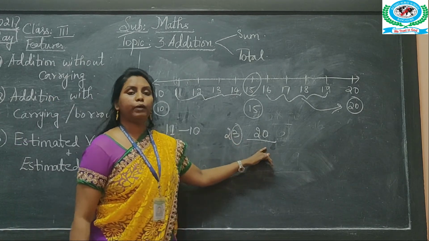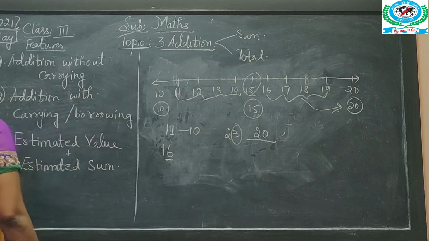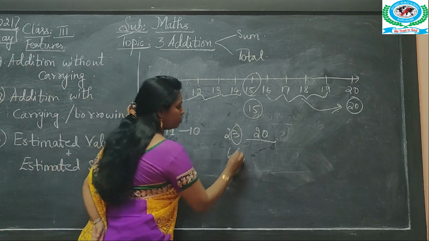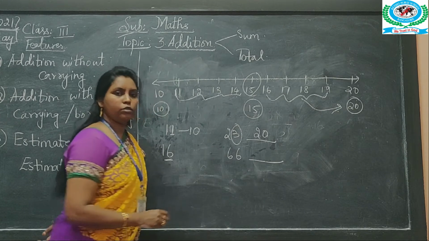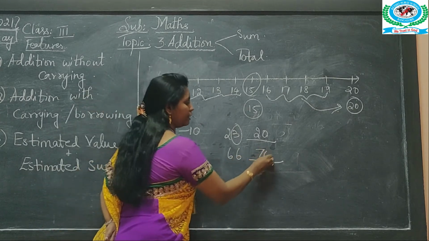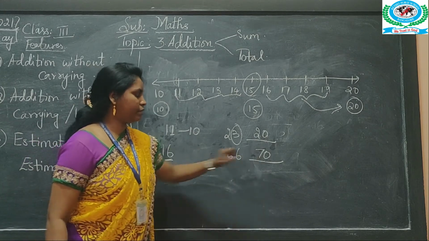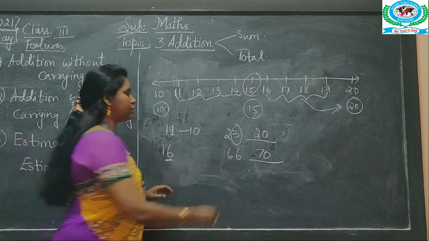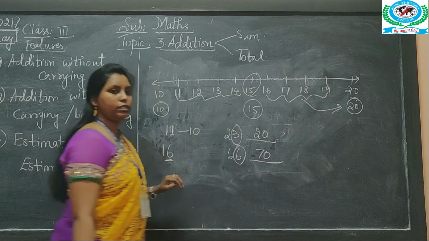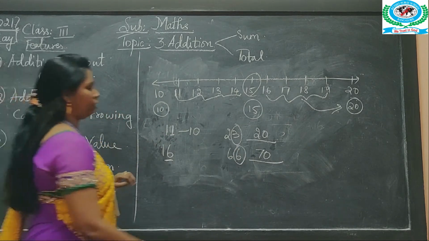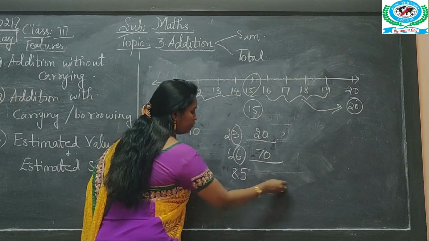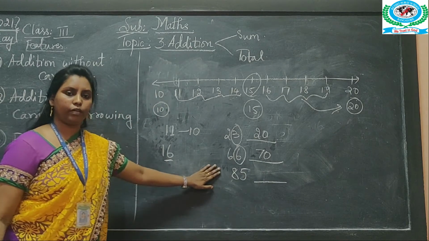So it is 20. And what is the estimated value for 66? Here it is 70, the next highest number, because 6 is more than 5. If I give you 85, what is the estimated value of 85?